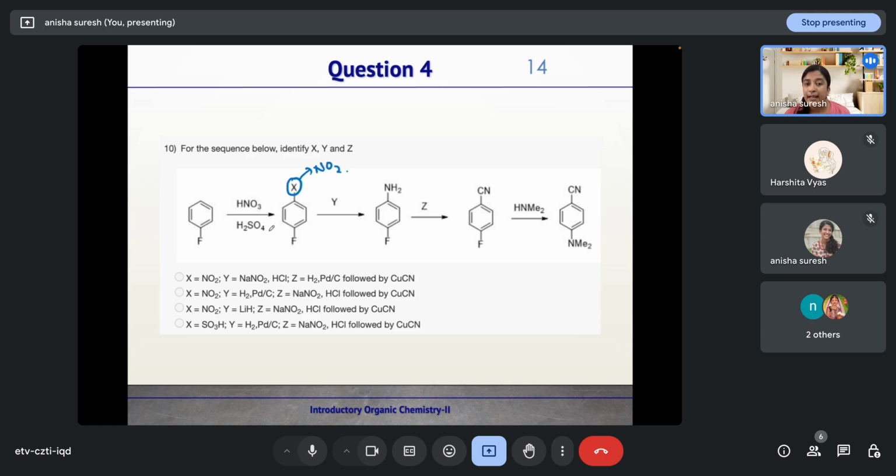And then this under treatment with Y, this nitro group is converted into amine. So what is this? It is a reduction, right? Reduction. So what reagents can do reduction of nitro to amine?